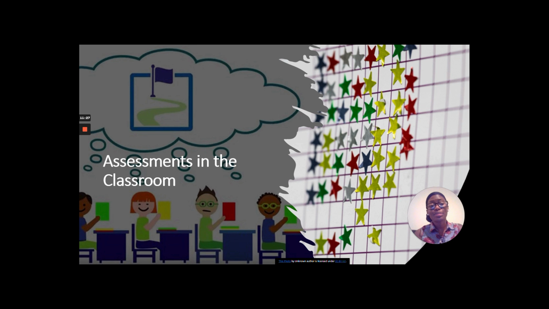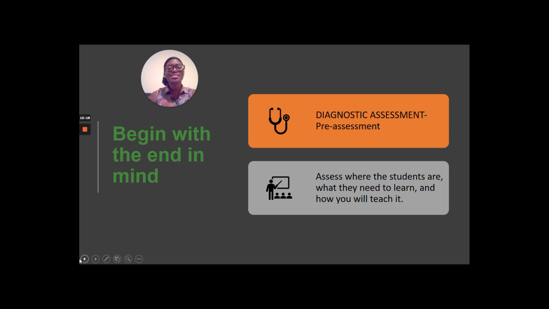Now, assessments in the classroom. What exactly does that look like? I always say begin with the end in mind, which means that for any standard I'm about to address, when I'm planning the unit, when I'm planning my lessons, I always try to think of how am I going to prove what my students have learned at the end.